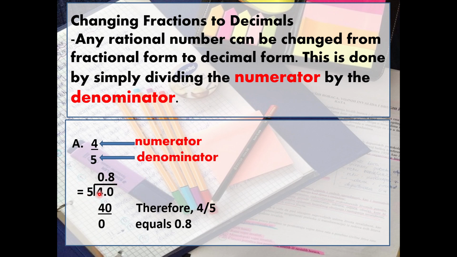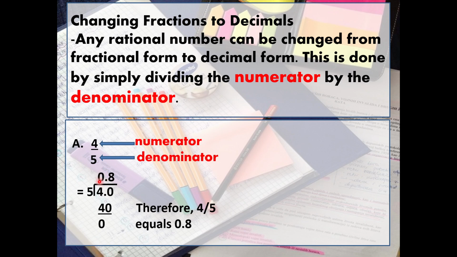So, 4 divided by 5, ito yung sinasabi natin na cannot be, kasi ang ating 4 or the dividend ay mas mababa kaysa sa divisor o dun sa 5. Kaya naman naglagay tayo ng 0 dito sa taas. Okay?